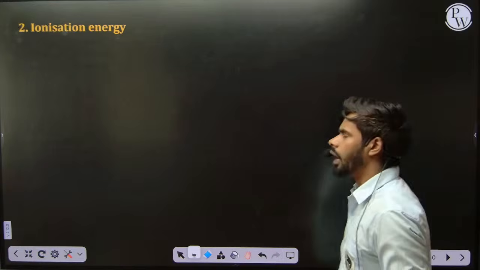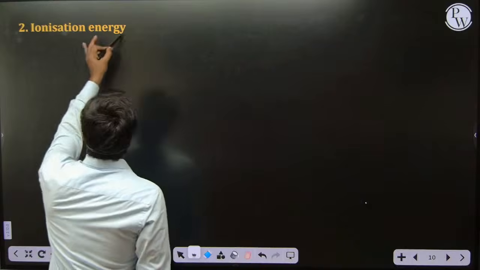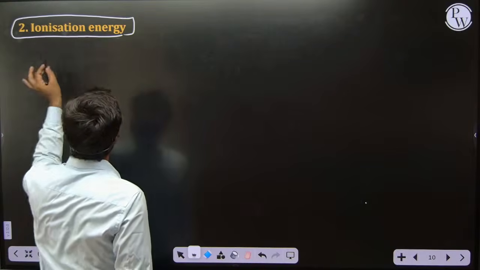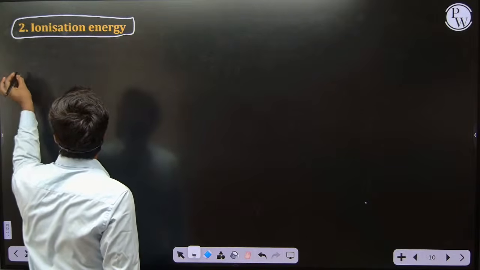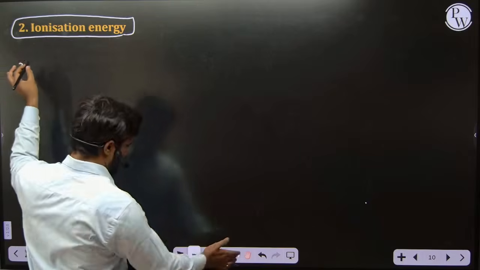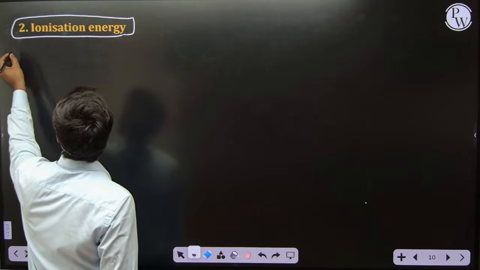Next is ionization energy. First, across the period.